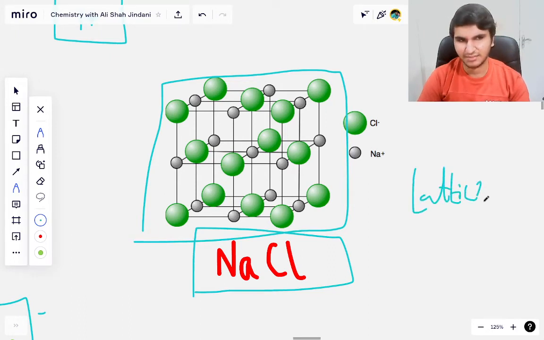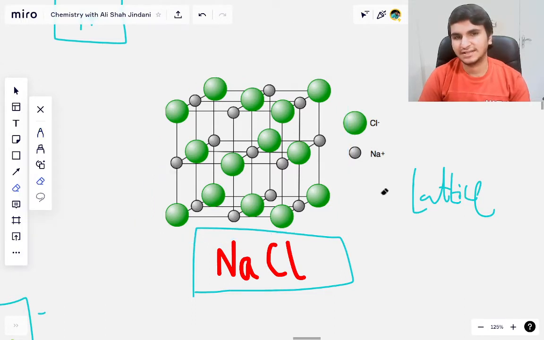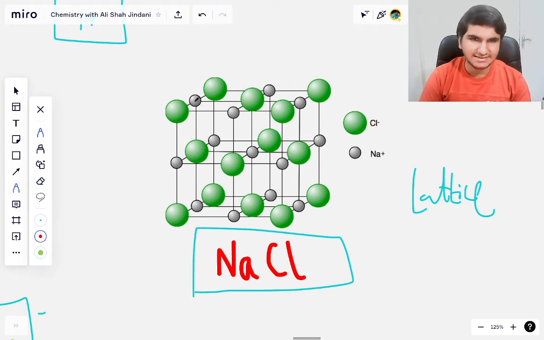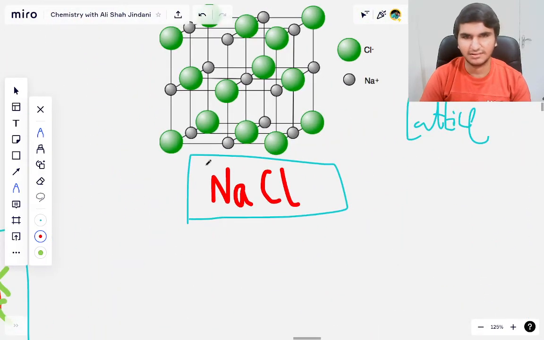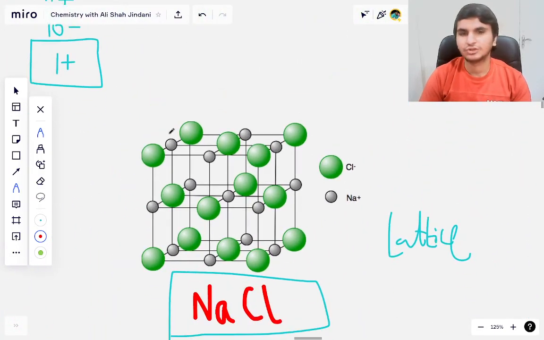A lattice, right? So this kind of structure is formed, and that is probably it. Nothing more to discuss; we are left with the properties. This is called a lattice structure, and this is the structure of a salt.